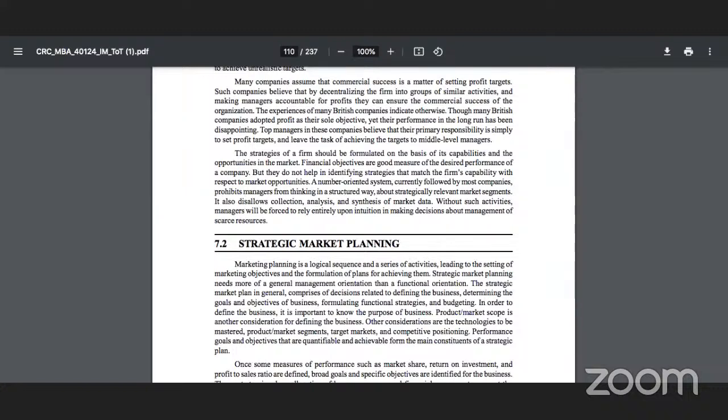We also need to understand that financial objectives are a good measure of the desired performance of a company. However, they do not help in identifying strategies that match the firm's capability with respect to market opportunities. So, what are the market opportunities that are available?